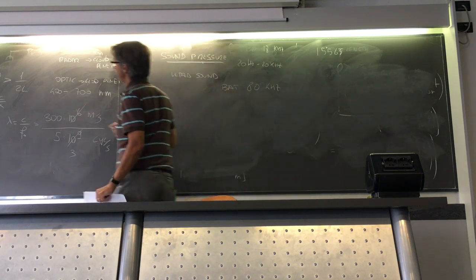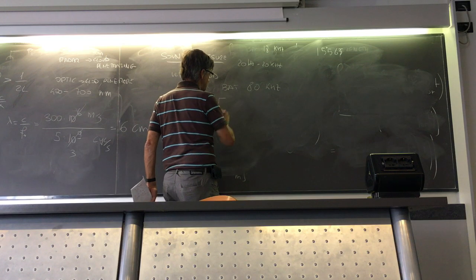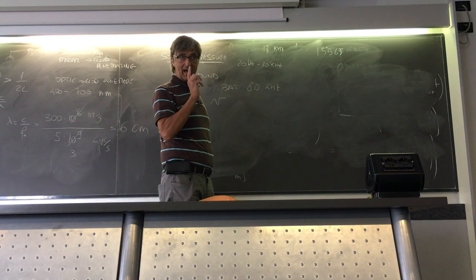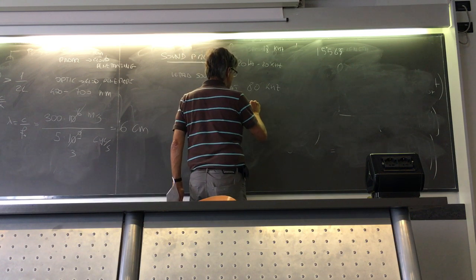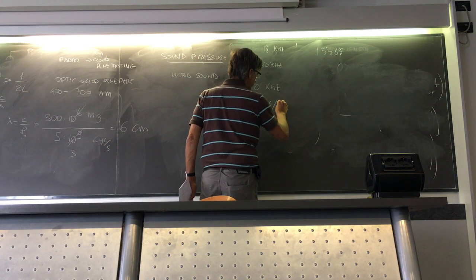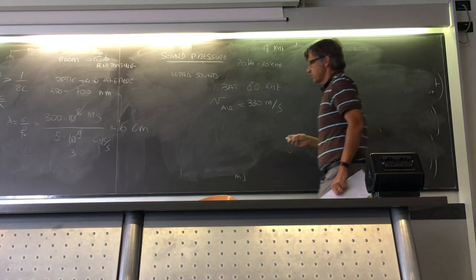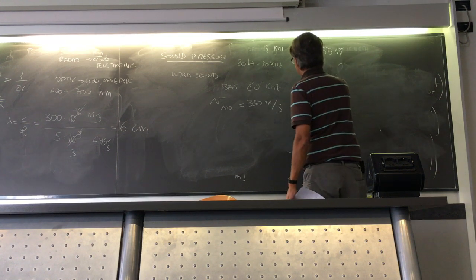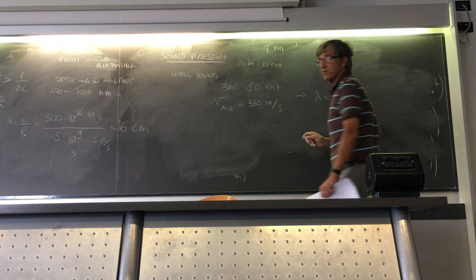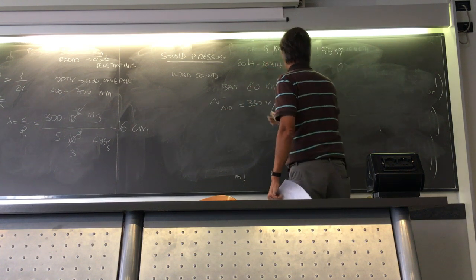Well, let us compute the wavelength again. But now we have to consider the velocity of sound in air, because it's different between media. The velocity in air is approximately 330 meters per second, maybe it depends on the humidity, but let us use this. And the wavelength is again velocity divided by frequency.